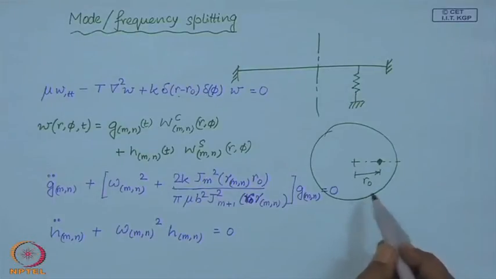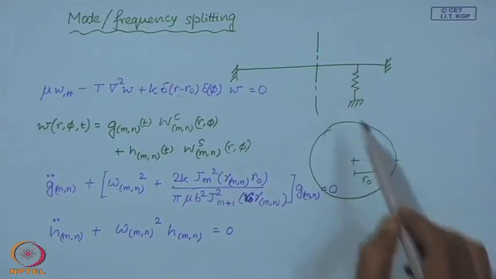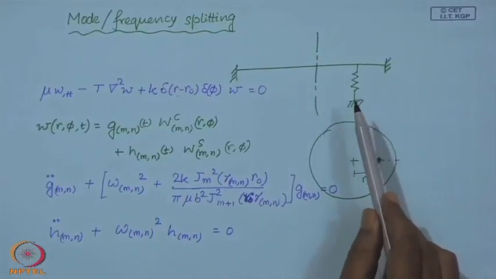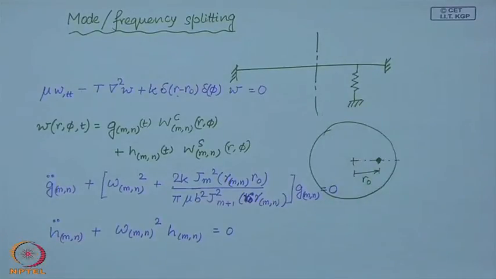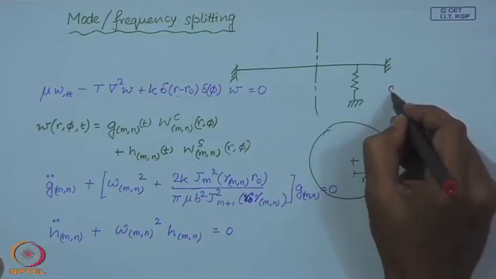So, this takes place because of an external interaction, which, as you can understand, breaks the symmetry. So, there is a symmetry breaking.